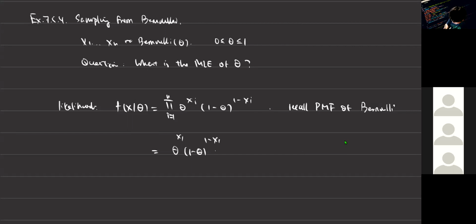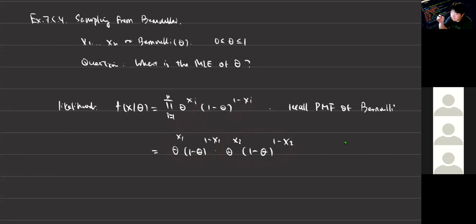So what that means is we have theta^x2 (1 minus theta)^(1 minus x2). Make sense? For the first one, I use i equals 1, put it in here, and that gives me this first term. Then multiply i equals 2 coming here, and that becomes this term.